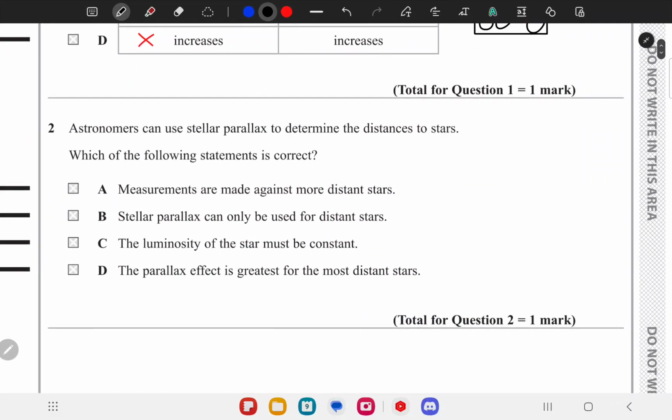Now in question 2, we are given the stellar parallax method to determine the distance to stars. We have to choose which of the following statements is correct. In the trigonometric stellar parallax method, we view the angle of a nearby star against a backdrop of distant stars.